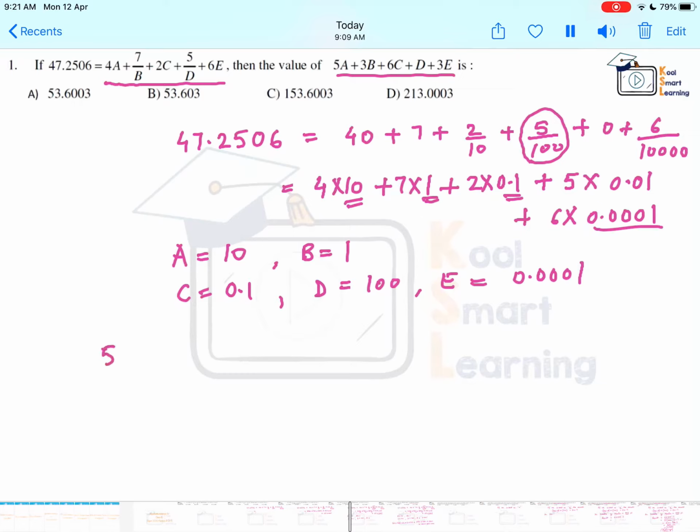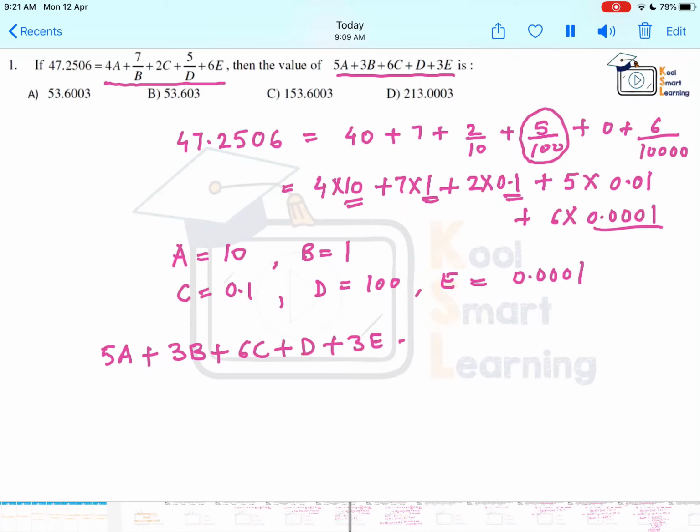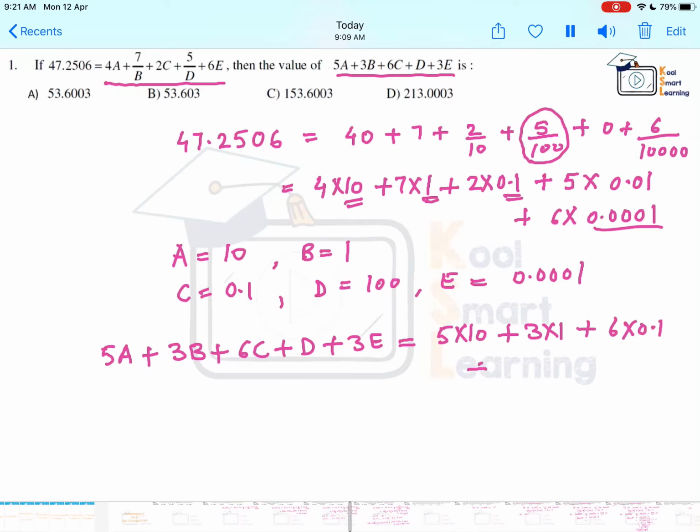So we are saying 5a plus 3b plus 6c plus d plus 3e. This is equal to 5 into 10 plus 3 into 1 plus 6 into 0.1 plus 100 plus 3 into 0.0001.